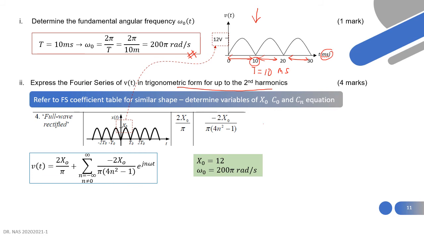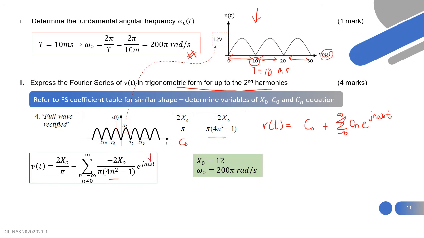Don't forget the general equation Vt equal to C0 plus the summation of Cn e^(j n omega naught t), so n from negative infinity to infinity. So in this case, from the table, your C0 equal to 2x0 over pi, and your Cn equal to this equation. Okay, this equation e^(j n omega t).